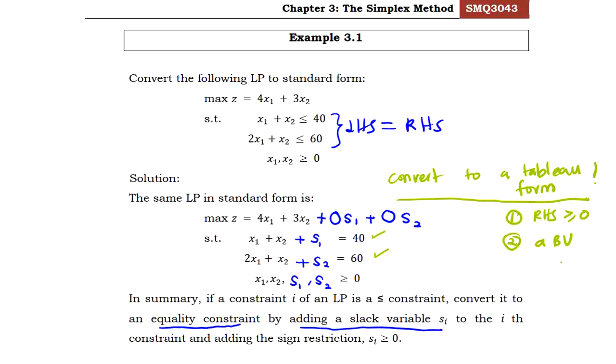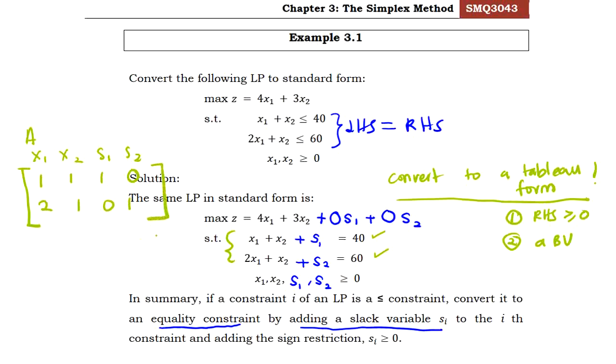Okay, so for these two constraints, we can write matrix A. For matrix A, the columns are x1, x2, s1, and s2. So we have 1, 1, 1, 0 for the first constraint, and 2, 1, 0, 1 for the second constraint.